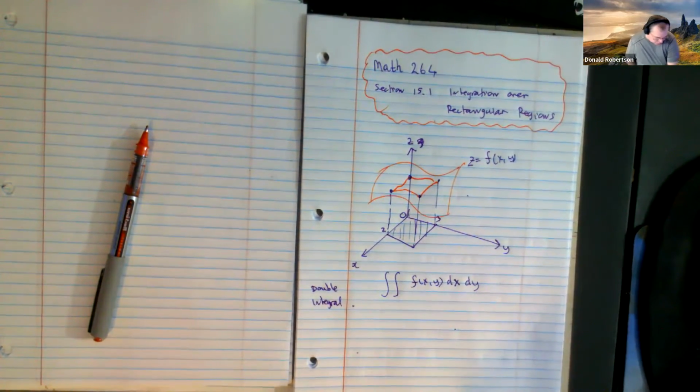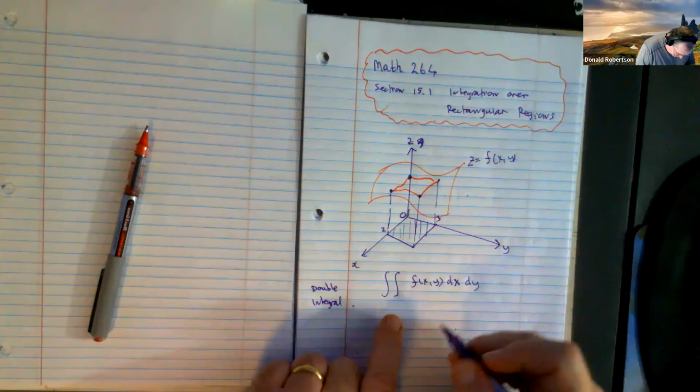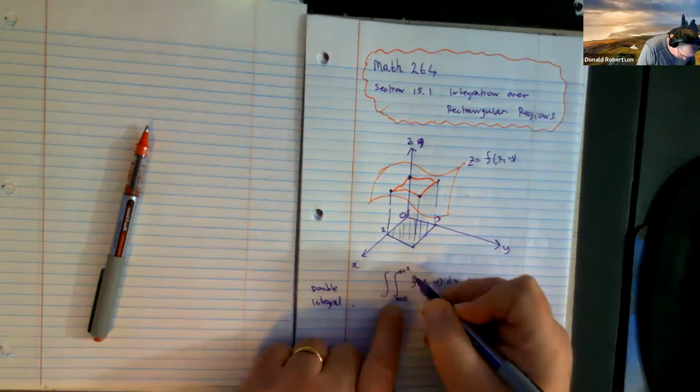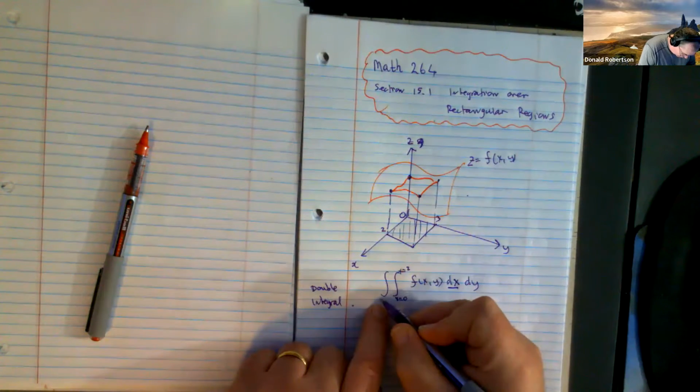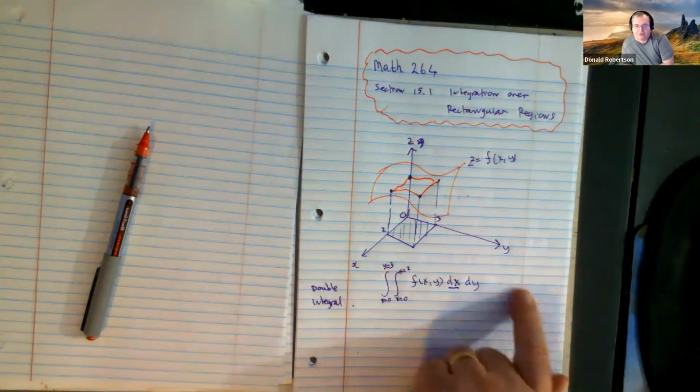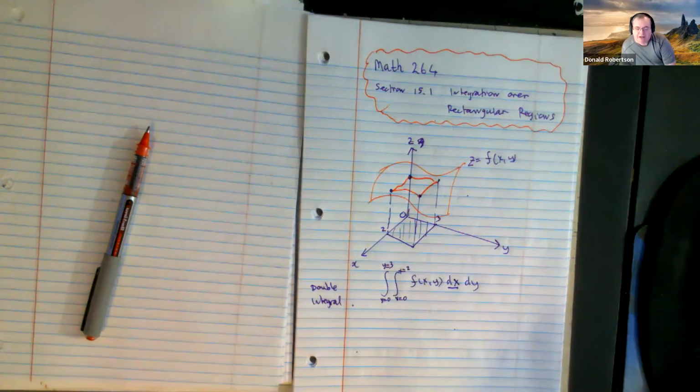That is how you would integrate. And since this is first, you do x equals 0 to x equals 2, and the y goes from y equals 0 to y equals 3. This is a double integral, and it is a number.